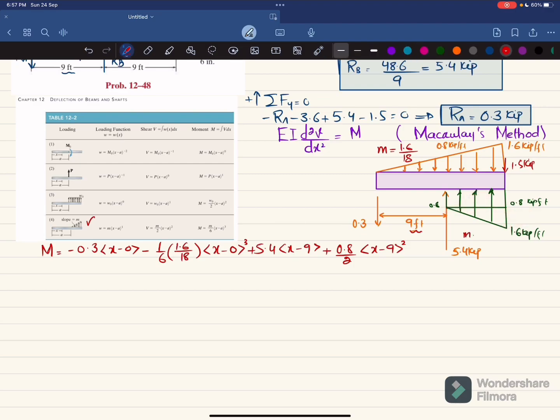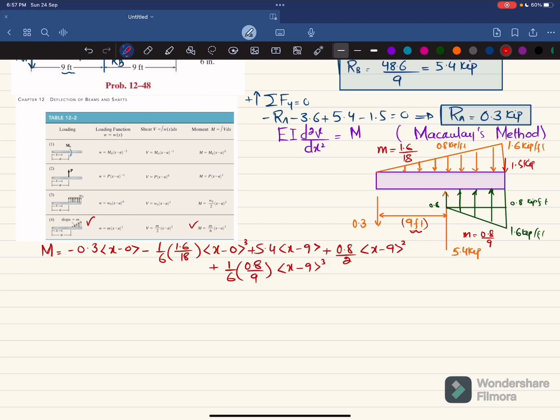So m is equal to 0.8 divided by 9. And you can see this load is upward, so this will be positive. So plus 1 by 6 into m, which is 0.8 divided by 9, into x minus a. A for this is again 9. This x minus 9 power 3.